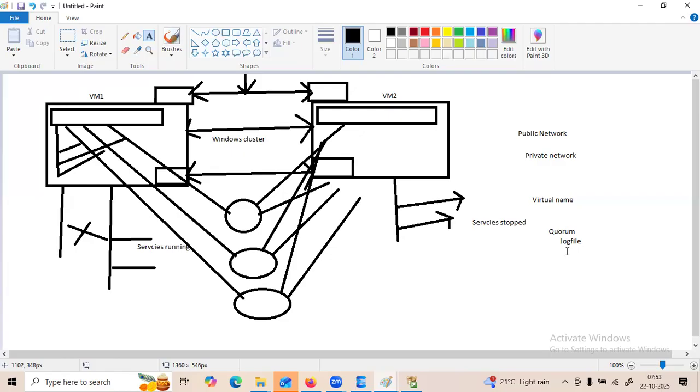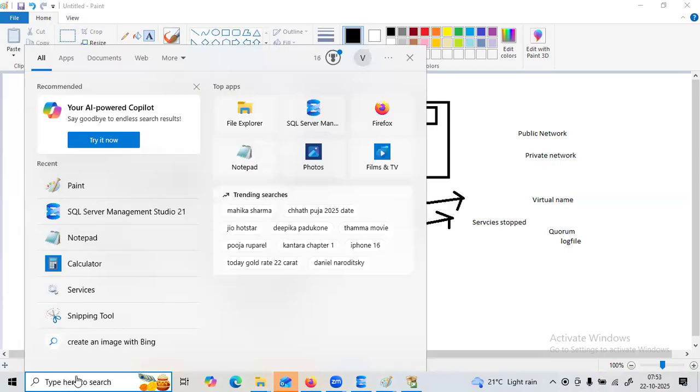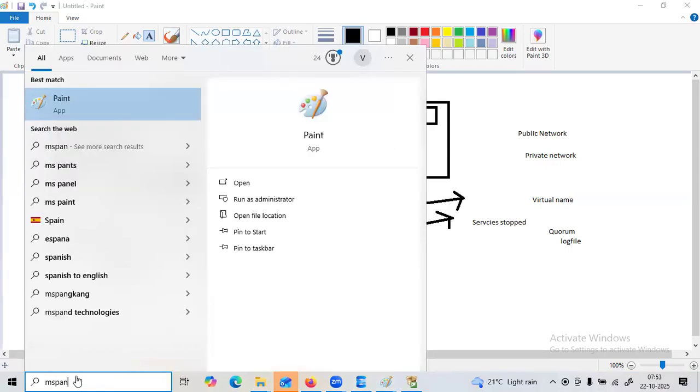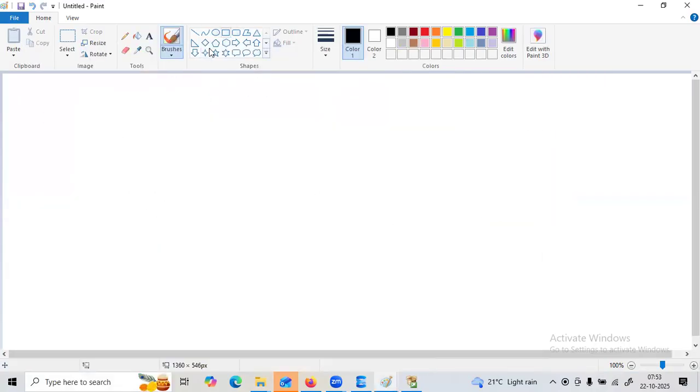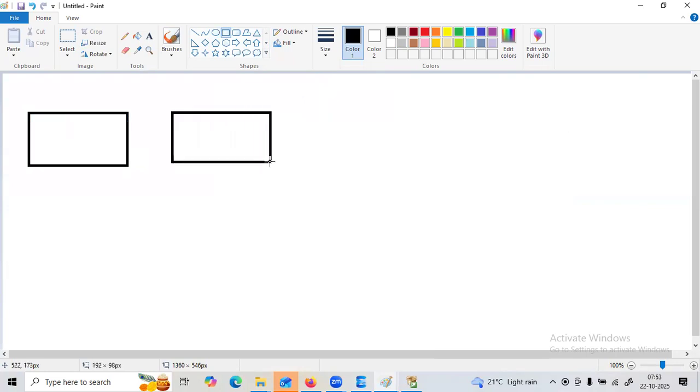Suppose the quorum is not there. If the quorum log file is not there, what will happen to our clustering? Let me take one example in MS Paint. This is one computer, this is another computer.